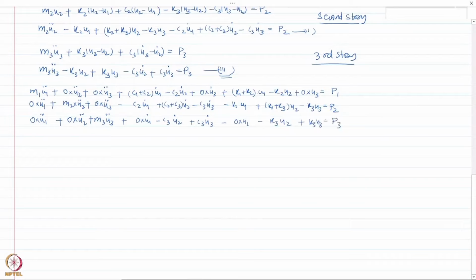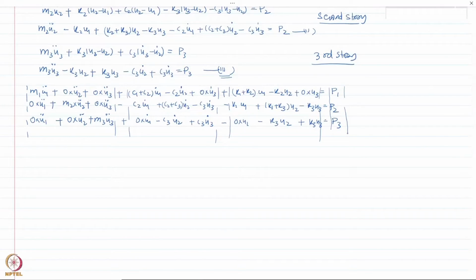So now if you look at it, all of these are multiplications of some matrices and vectors. For example, if you consider this part here, and this part here, and this part here, let us compartmentalize these three sets of equations like that.